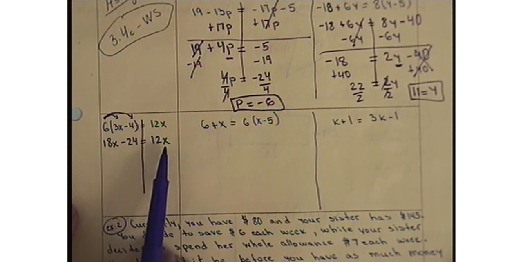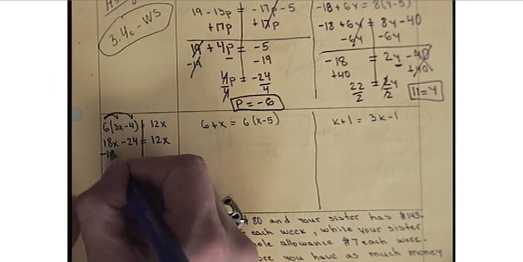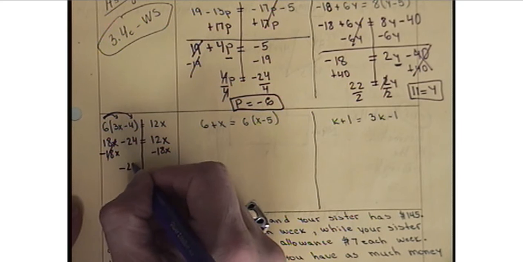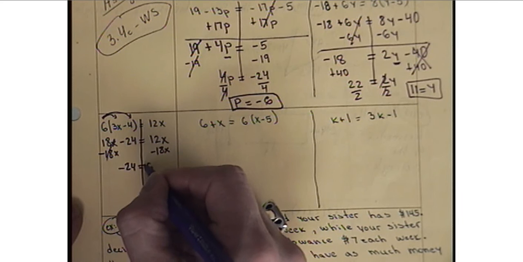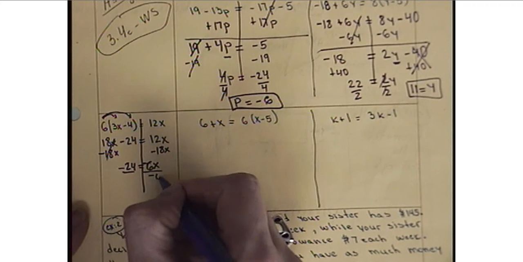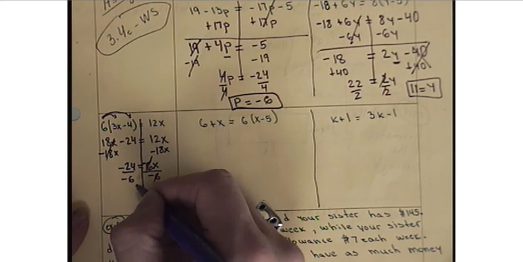Because there is only one term on the right side, let's go ahead and move this right here because we want to combine those x's. So minus 18x, minus 18x. Those two cancel. Negative 24 will be equal to 12x minus 18x, which is negative 6x. Okay, and one more step, we'll divide by negative 6 on both sides. These two cancel. Negative 24 divided by negative 6 will be positive 4 equals x.